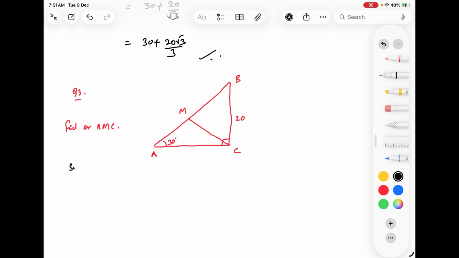Okay, so first of all, I note that this is 30, 60, and 90. So it becomes a 30, 60, 90 triangle. The side opposite to 30 is 20.